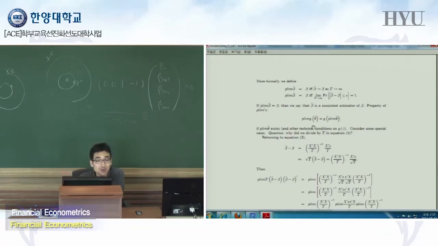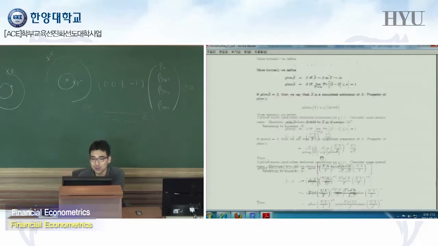In other words, the probability limit of a function of an estimate is equal to the function of the probability limit of that estimate, of course if the p-lim of theta hat exists. And we need a small technical condition on g, of course, but that is satisfied in our example.